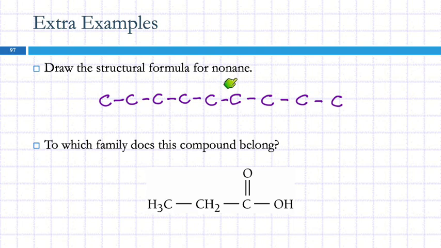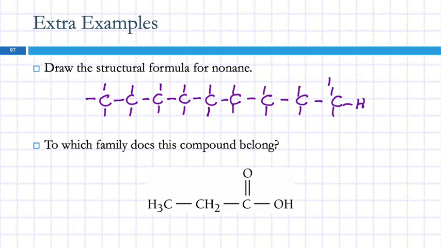This suffix ane tells me what about the bonds? They're all single bonds. So the other thing that's in here is hydrogen. Each of these carbons needs to have 4 bonds. Some of them have 2 bonds now with carbons and some have 1. But if you just go top and bottom, right and left, then they'll each have 4. And the things you fill in there are hydrogens.